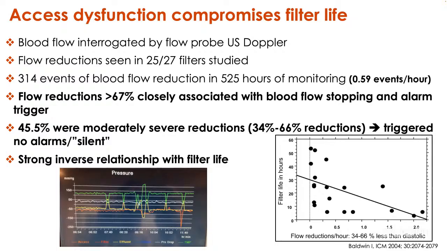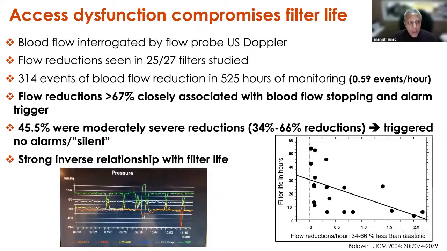But we know that when we are using peristaltic pumps for CRRT, there can be multiple flow reductions that happen in the pump. These flow reductions may be significant enough to compromise the flow, but may not be significant or prolonged enough to trigger a CRRT alarm. So this was a very elegant study wherein they interrogated the access flow into the tubing using an ultrasound Doppler.